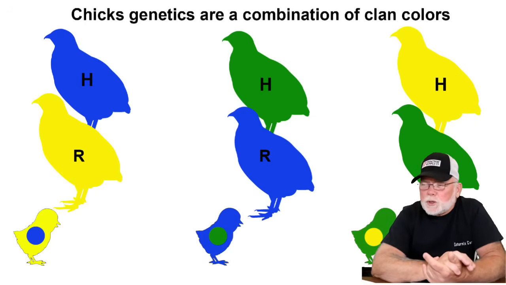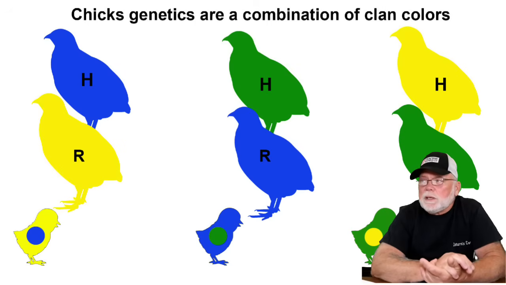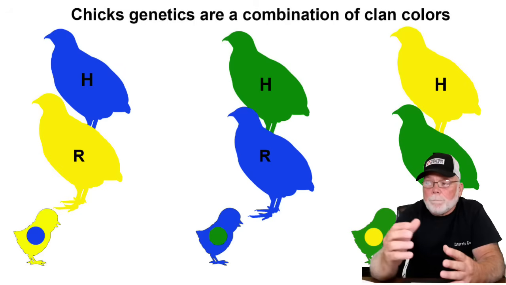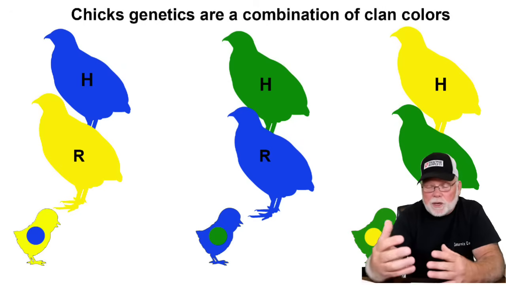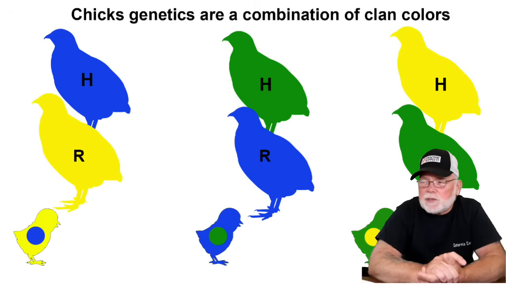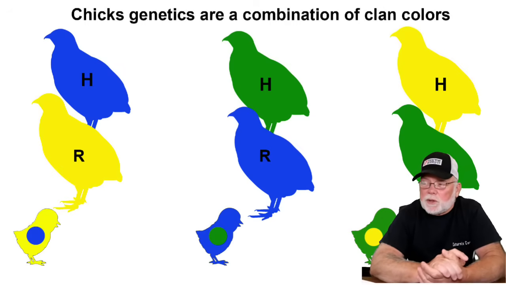Okay, the chicks' genetics are going to be a combination of the clan colors. So if you've got a yellow rooster who is in with the blue clan, your chicks are going to be blue chicks because they're coming from the blue clan. And I actually kind of have the dots backwards on these. It should be a blue chick with a yellow dot, but you get what I mean.